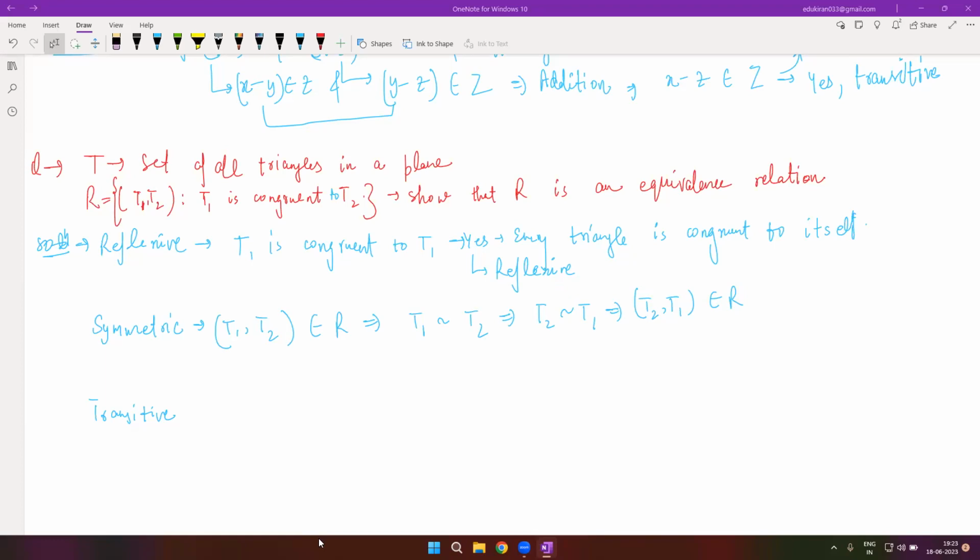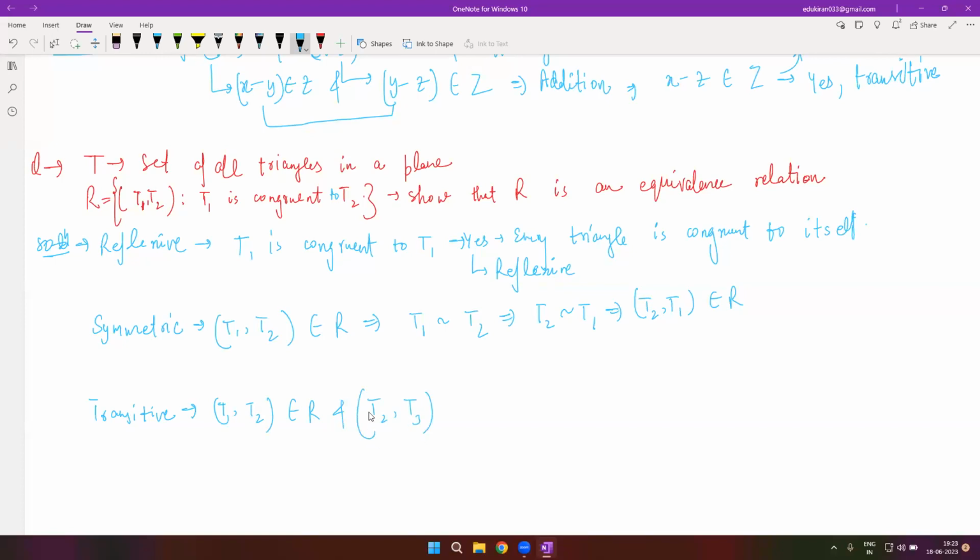And what about Humamuddin? Yes, sir. Okay. Now solve for transitive. Transitive says that T1, T2 as well as T2, T3. Take some other triangle also.